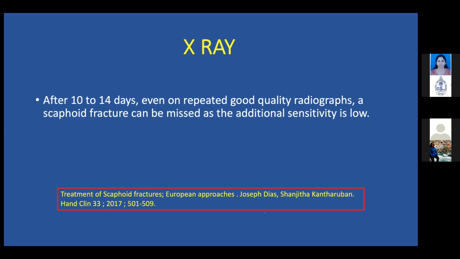Is it scientifically proven that the later X-ray will be beneficial? No. After 10 to 14 days, even on repeated good quality radiographs, a scaphoid fracture can still be missed, and the additional sensitivity is low. So it doesn't make sense to repeat the X-ray after 2 or 3 weeks.